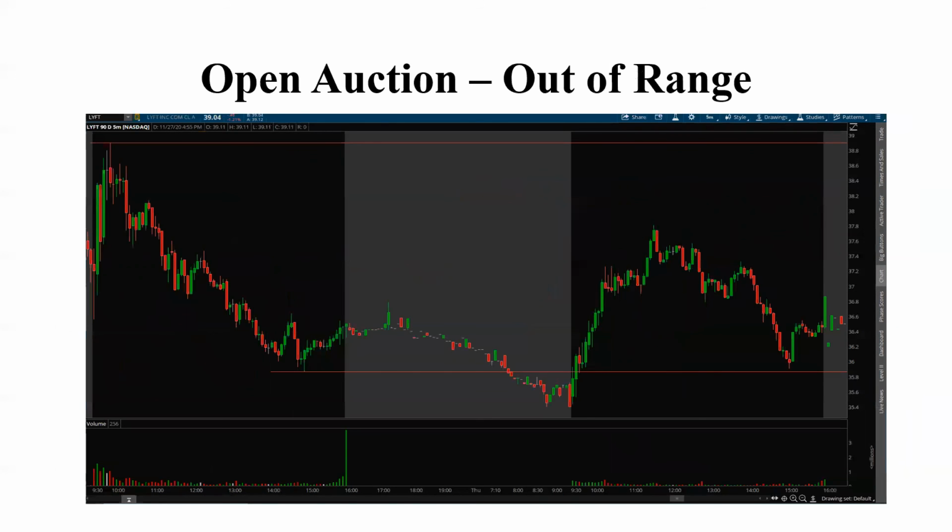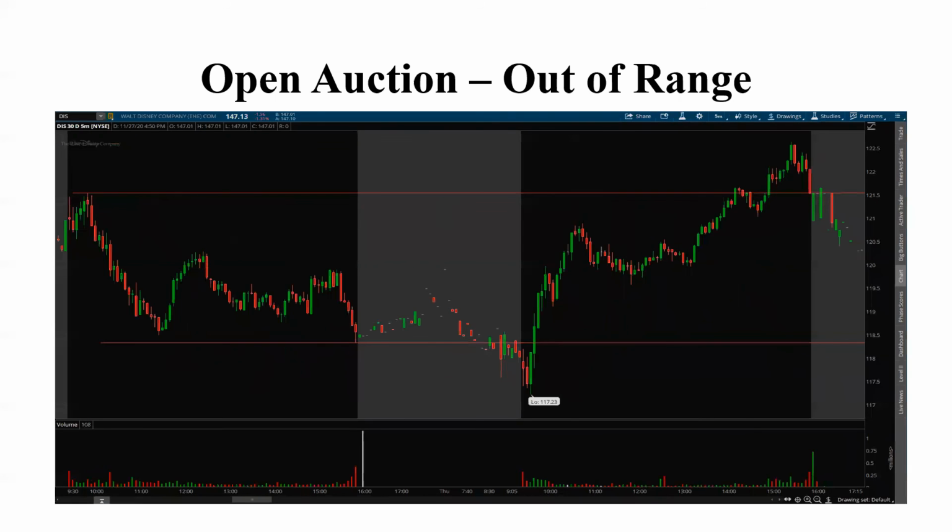Now, an example of an open auction out of range. Here's an example where Lyft opened down, so it suggested that other or newer traders are showing up, but then it drove itself back up into range and gave you a nice little trade as it went back up through the opening print.